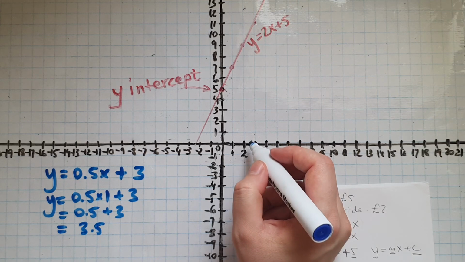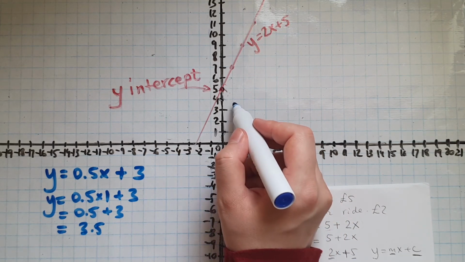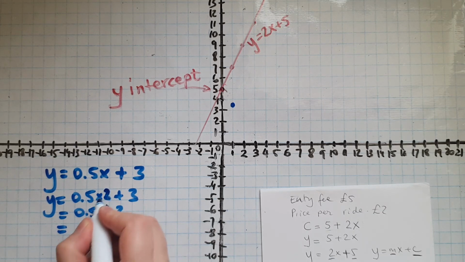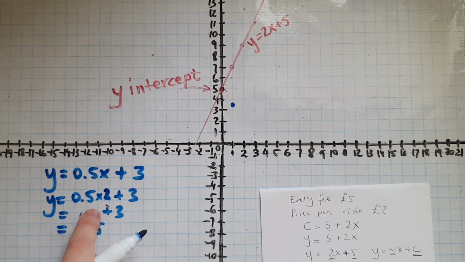So when x is 1, y is 3.5. When x is 2, we do 0.5 times 2 plus 3. 0.5 times 2 is equal to 1, plus 3 gives us 4.